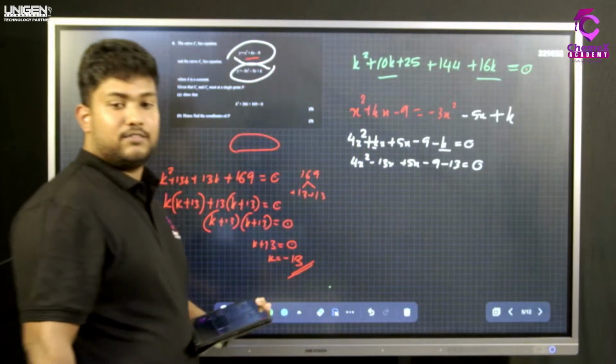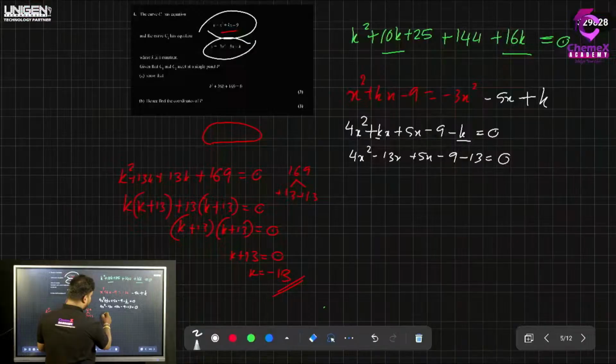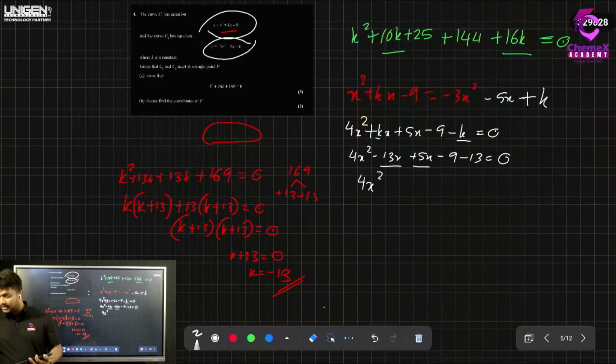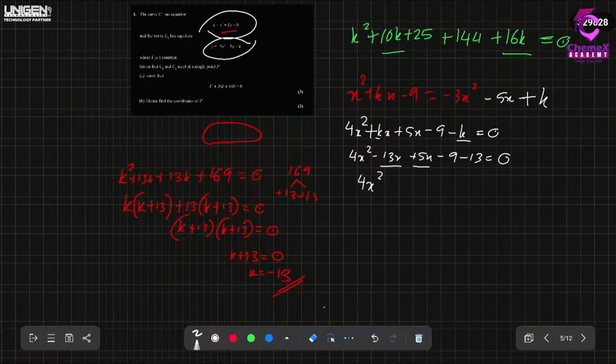So what's the formula you're going to form there? 4x squared, minus 13 plus 5 here. What's minus 13 plus 5? You can unmute and answer. Everyone makes mistakes in the minus signs. What's the answer?